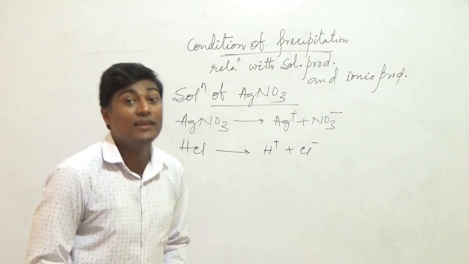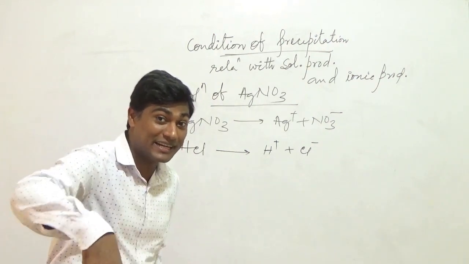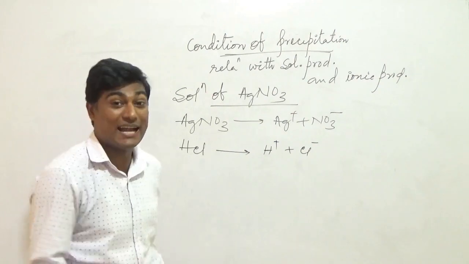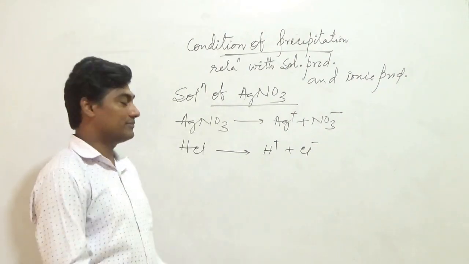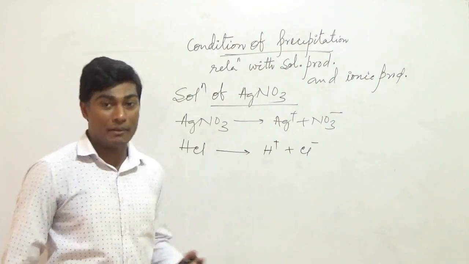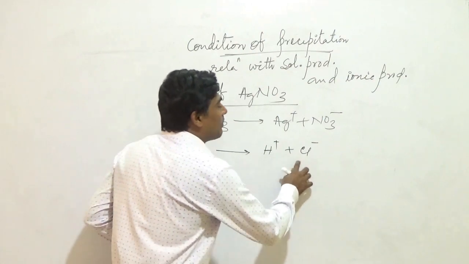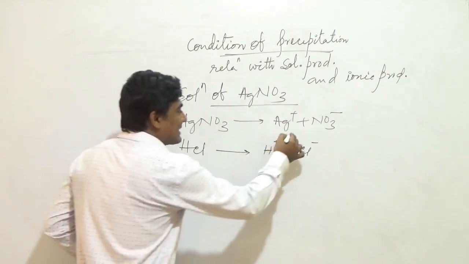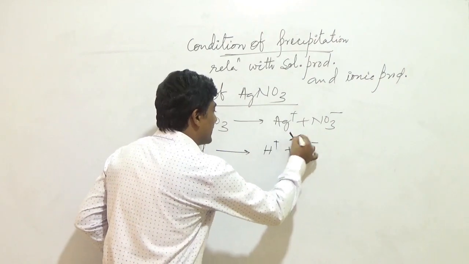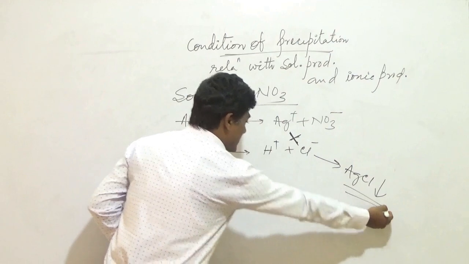So why was AgNO3 not precipitated, whereas on the addition of HCl a white precipitate formed? When you added Cl minus, it combined with Ag plus. This Ag plus and Cl minus gives AgCl and precipitated.